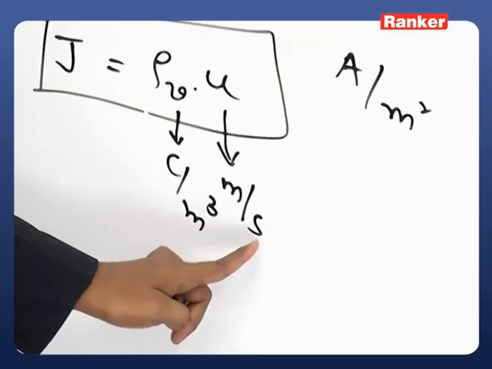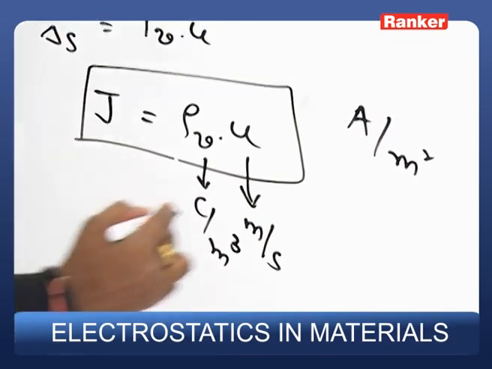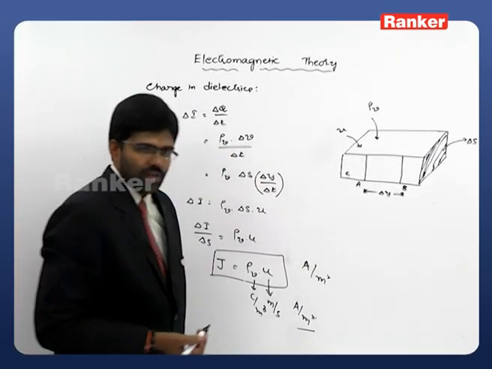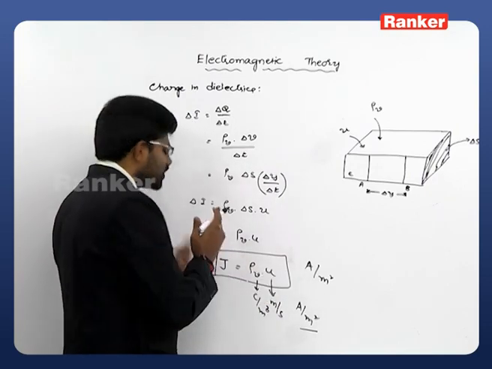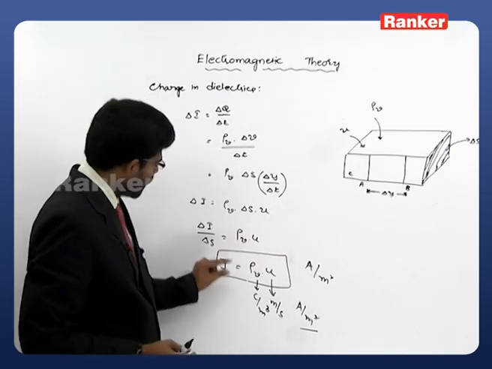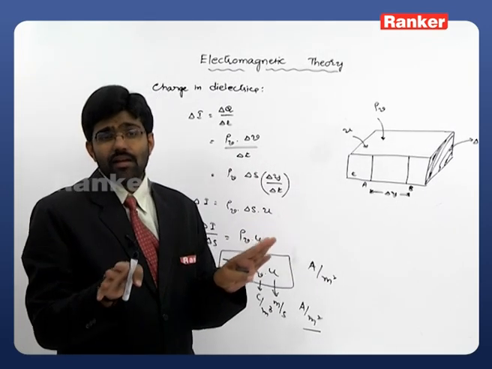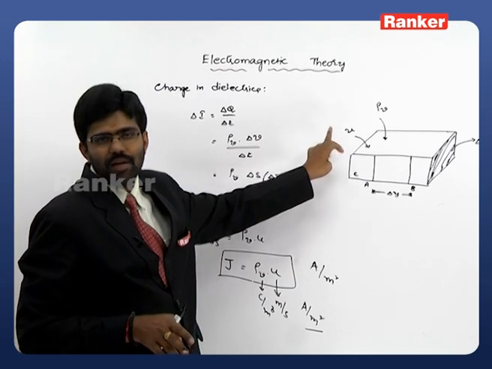Coulomb per second is current, and meter by meter cube gives one over meter square. So obviously we get ampere per meter square. Observe the units of the right hand side and the left hand side. Clearly J is called current density, and in detail it is convection current density, which can be described for any dielectric material.